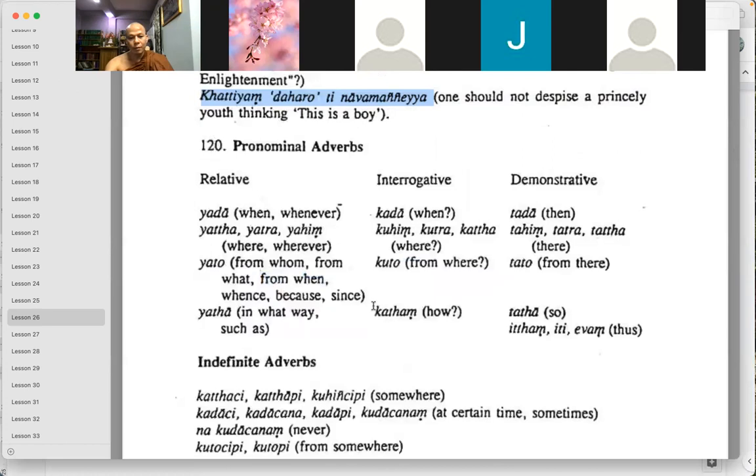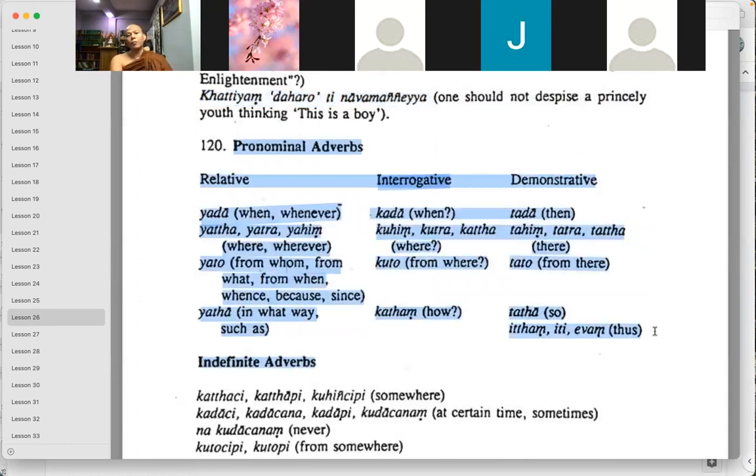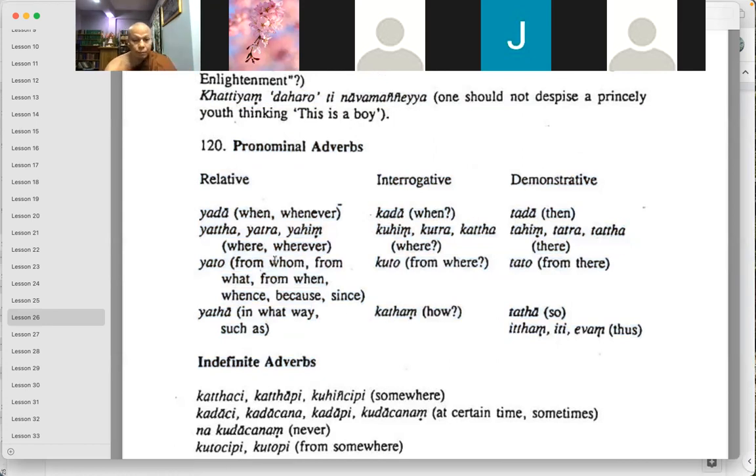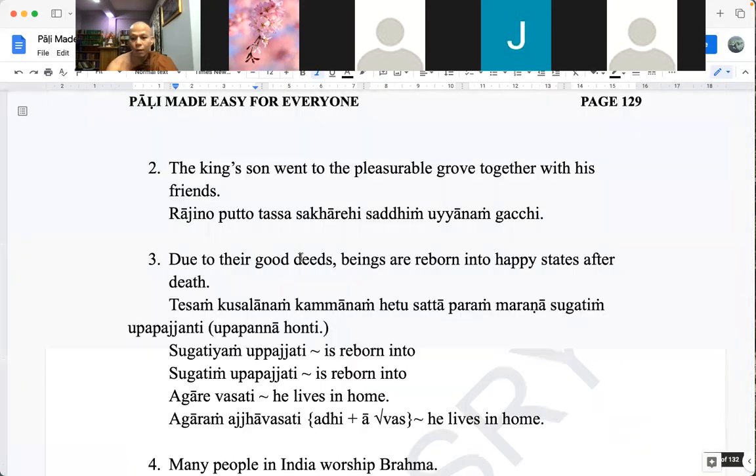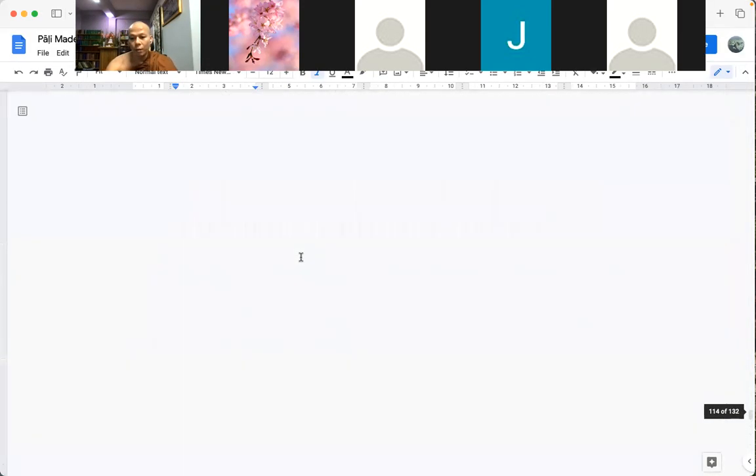And then now, pronominal adverb. That pronominal adverb also, at the very beginning, we already learned, with the relative pronoun, maybe in the notes. At the very beginning, maybe lesson 8.